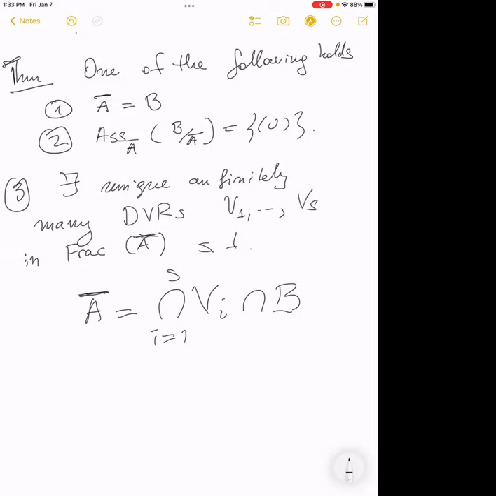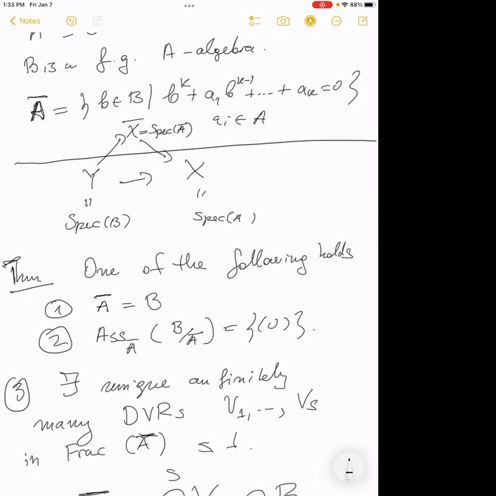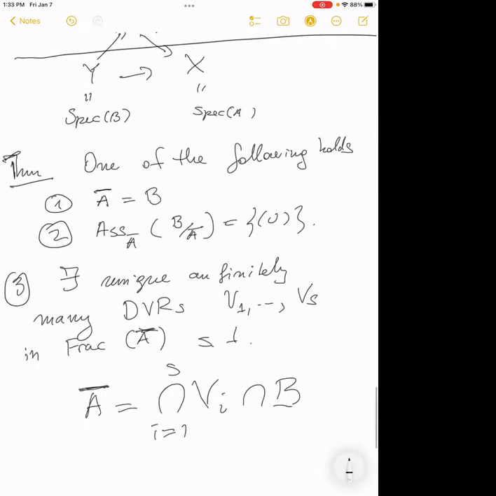But this finiteness condition, B being a finitely generated algebra over A, gives us finiteness of these valuation rings. And they're also unique. This is important.